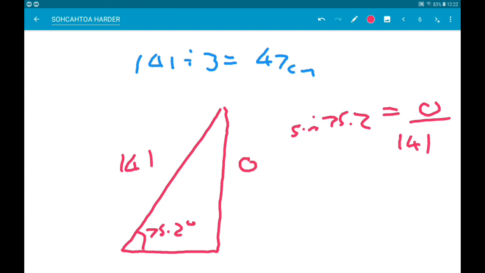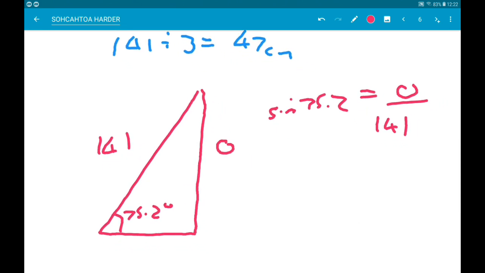To get the opposite on its own, multiplied through by 141, so the opposite is 141 sine 75.2. Now that gives us, again if we go to one decimal place, we are going to get 134.1 centimetres.